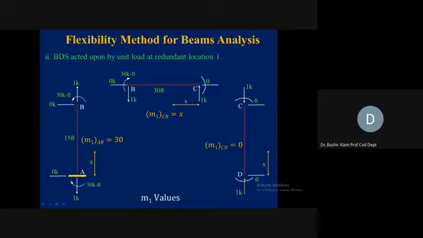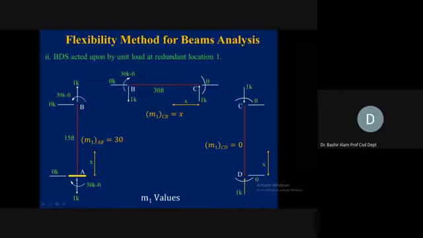So we found the vertical reaction at support A. Horizontally, there is no external load, so the horizontal reaction at A is 0. Taking moment about A, this 1 times the perpendicular distance of 30 is 30 kip-feet, causing a clockwise moment, so it will be resisted by a counterclockwise 30 kip-feet. So we found all the support reactions at A in this determinate structure under the action of the 1 kip load.